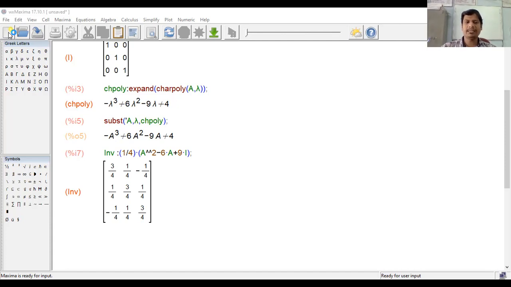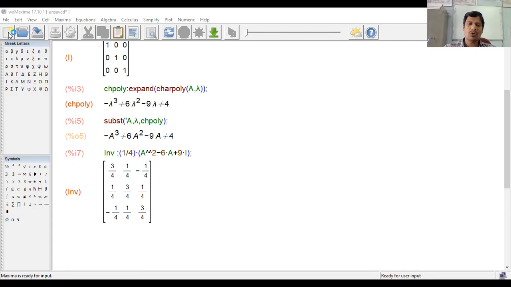After that, we take the matrix A colon of matrix of the elements: open bracket, then square bracket open, 7, 4, then minus 1, then square bracket close, then comma.